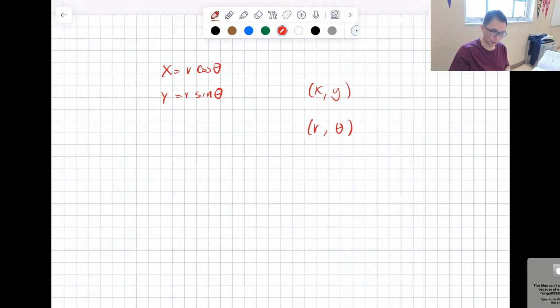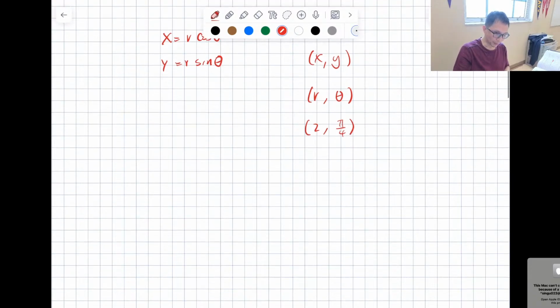For example, r and theta could be 2 and pi over 4. Pi over 4 is 45 degrees, right? So this is 1 ring and a 2 ring, and it's going to be right here. This is 2 and pi over 4. Is that okay?